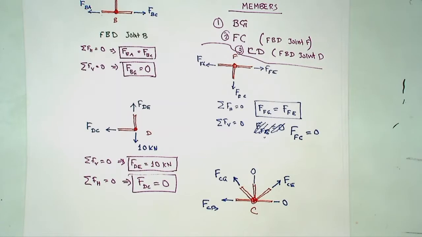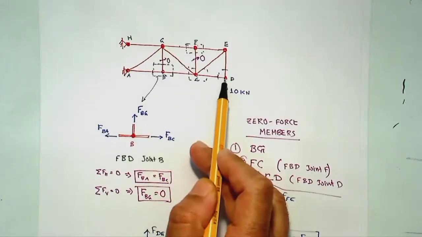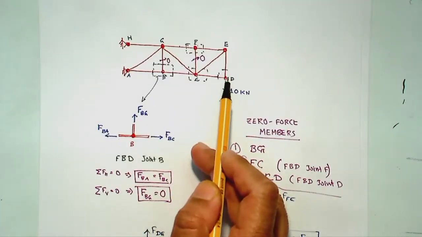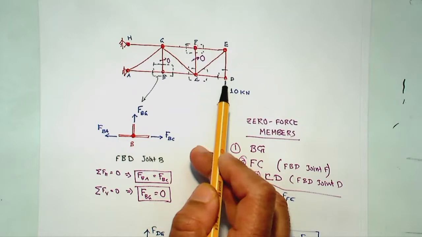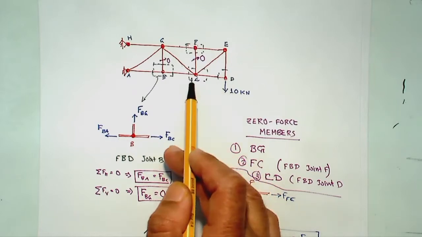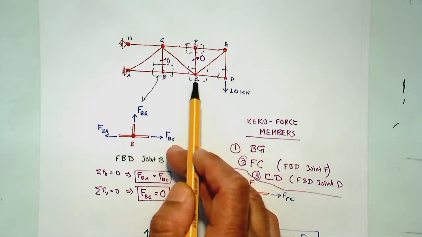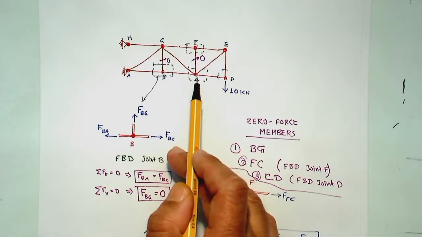Okay. So what you raised is right: if at one joint you analyze a member and its force is 0, it would be 0 all along. So it will be 0 at point C as well.